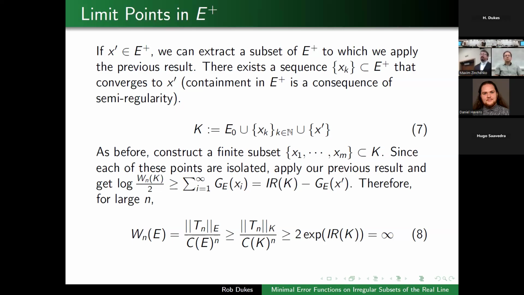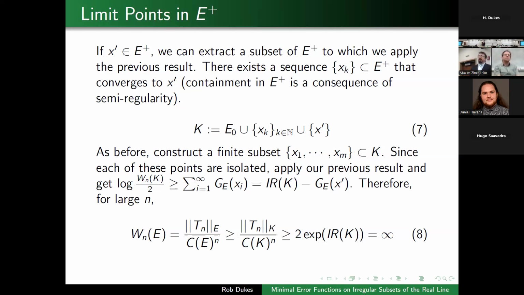For the isolated points, our smaller set K, we would get the log of W n K over 2 bounded below by the Green's function at every point, which would be the IR of K minus the Green's function at x prime, because we're trying to cut it out. That's constant.